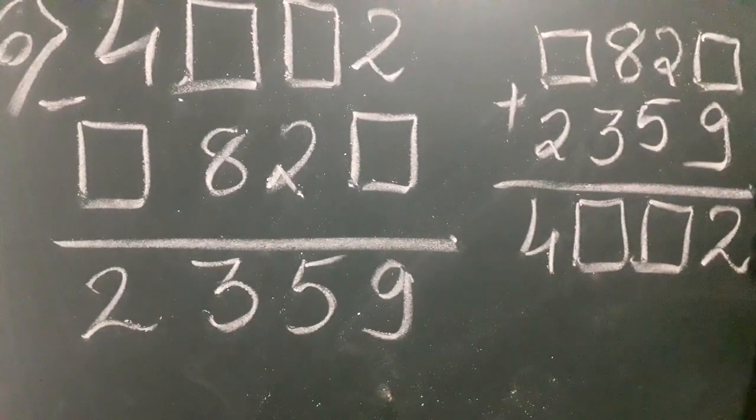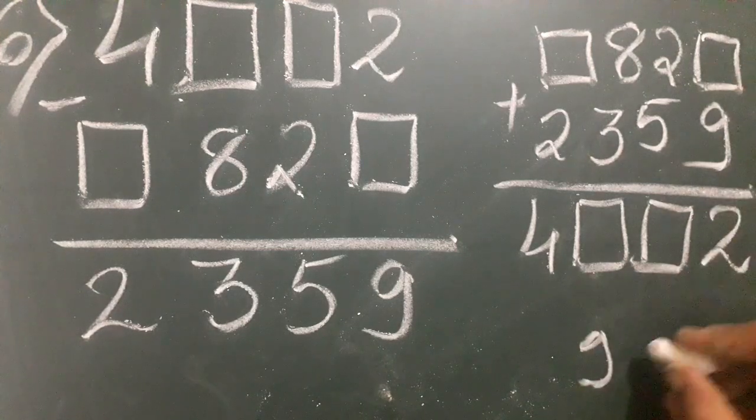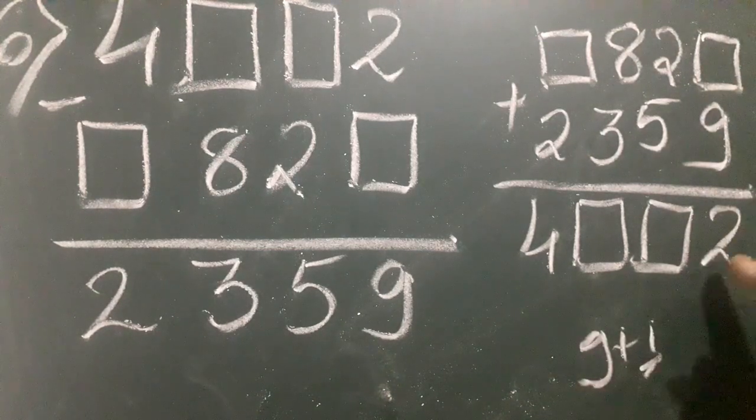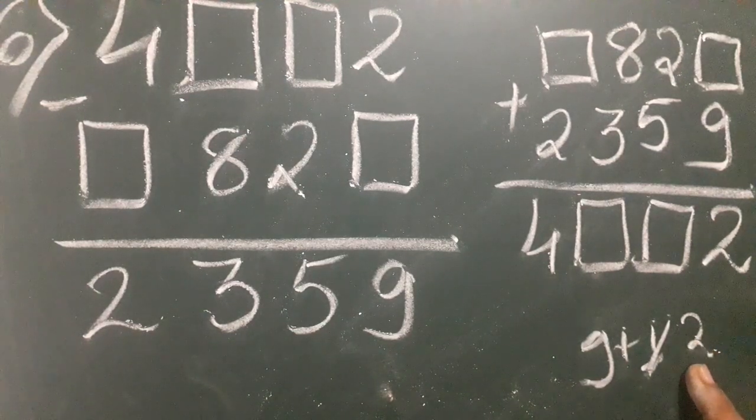I have 9 plus 9 is already there. 9 plus 1 if I do, this should be 0. 10. So it should be 0, which is not correct. If I write 2, then 9 plus 2 is 11. In 11, 1's place is 1. But here it's 2. So 2 is the wrong option.